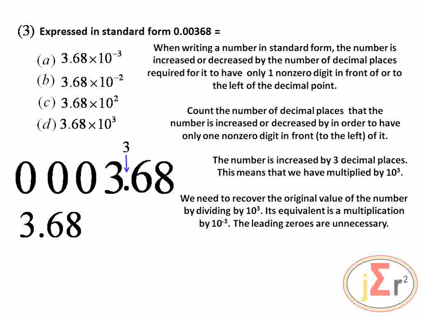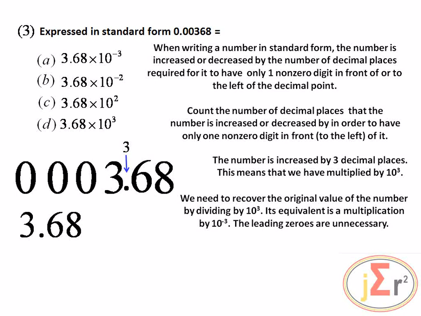This is equivalent to a multiplication by 10 to the power of negative 3. So we have increased by multiplying by 10 to the 3. To recover the original value, we will therefore multiply by 10 to the negative 3.